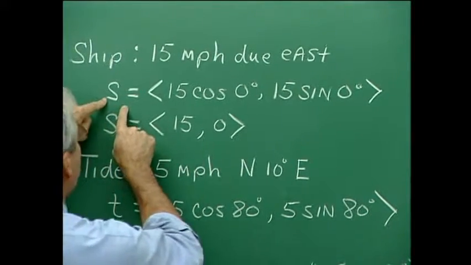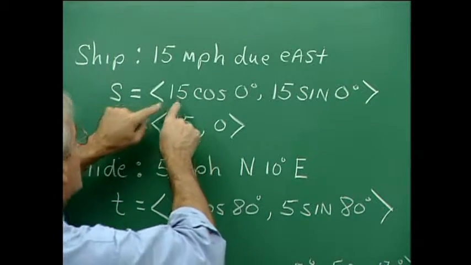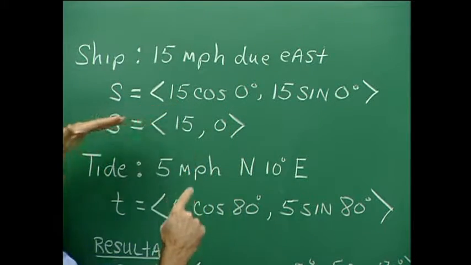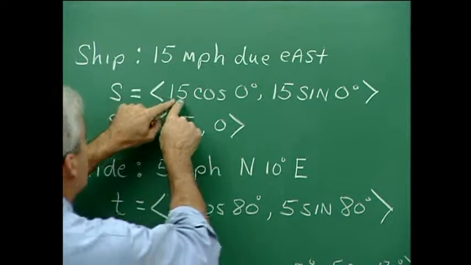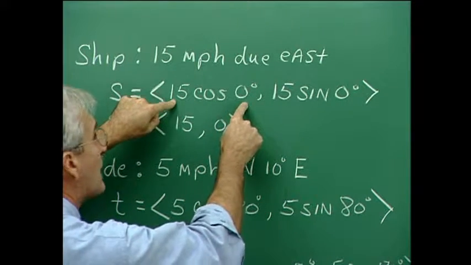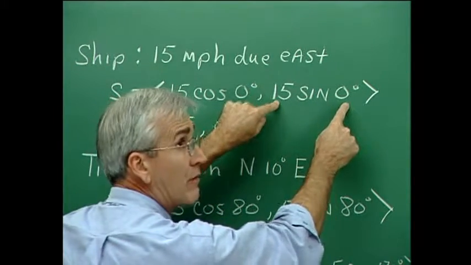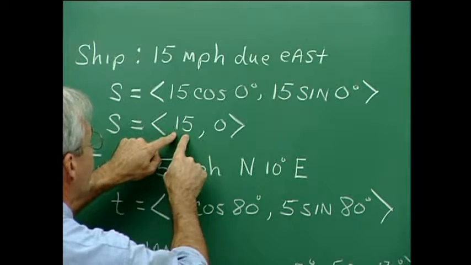For the ship, now in horizontal and vertical component form, we have a magnitude of 15 and an angle of, well, if the ship is going due east, then the angle is simply 0 degrees. So it's 15 cosine 0 degrees for the horizontal component and 15 sine 0 degrees for the vertical component. Now cosine 0 degrees is 1, so this is simply 15.